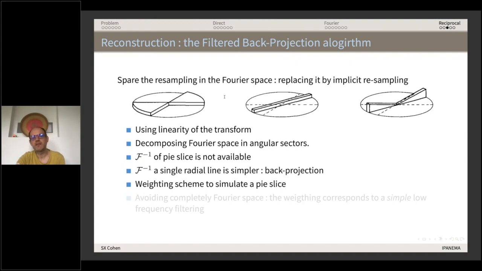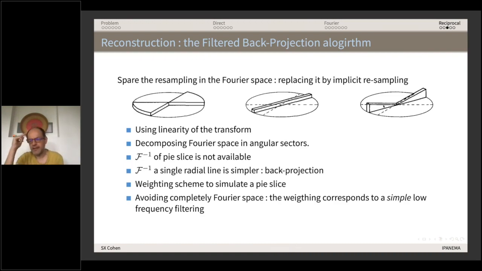This leads to something which looks a bit like that. In the Fourier domain, I'm applying this type of weights, and then doing the back projection, so basically doing the reverse Fourier transform of this, and splatting it over perpendicular to the direction, so splatting it over in this direction.